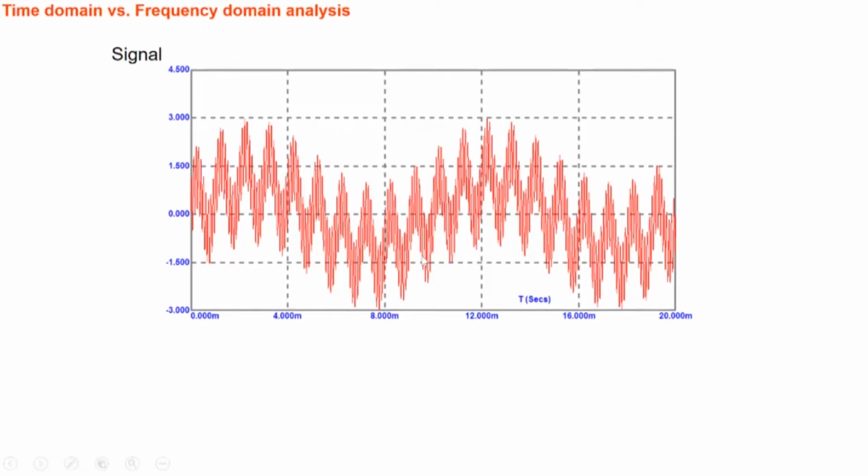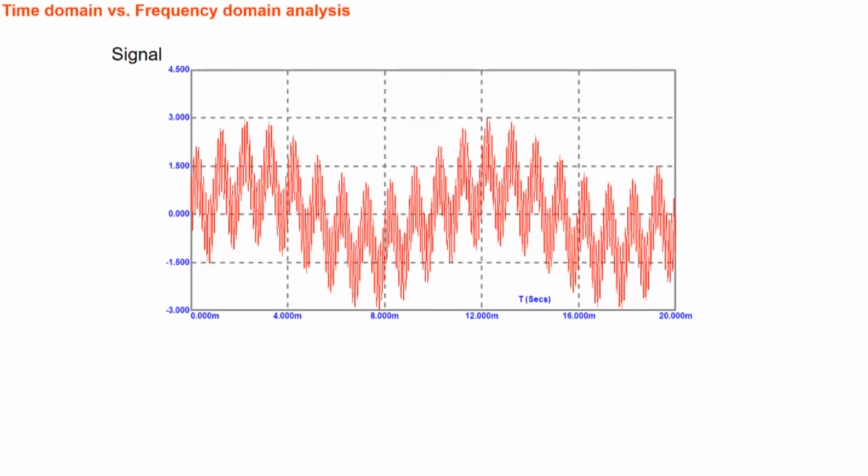Any of those signals, if we examine, often when we look at the signal in the time domain, meaning that we look at how the amplitude of the signal is varying as a function of time, like the signal over here, one can understand something about the signal, but often one is not able to get a lot of insight into its nature.